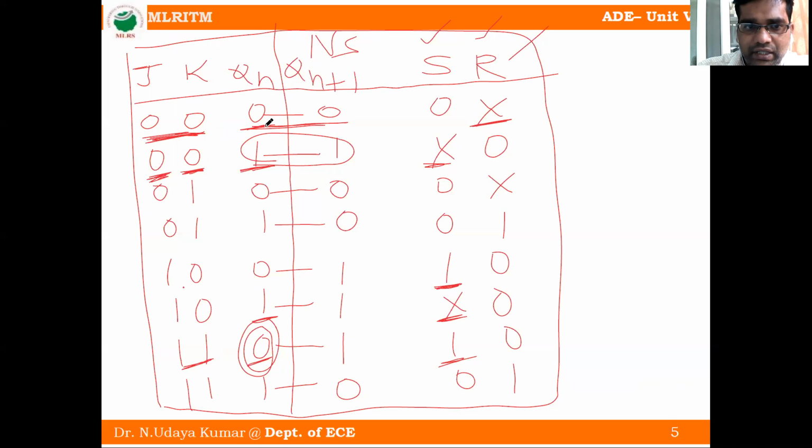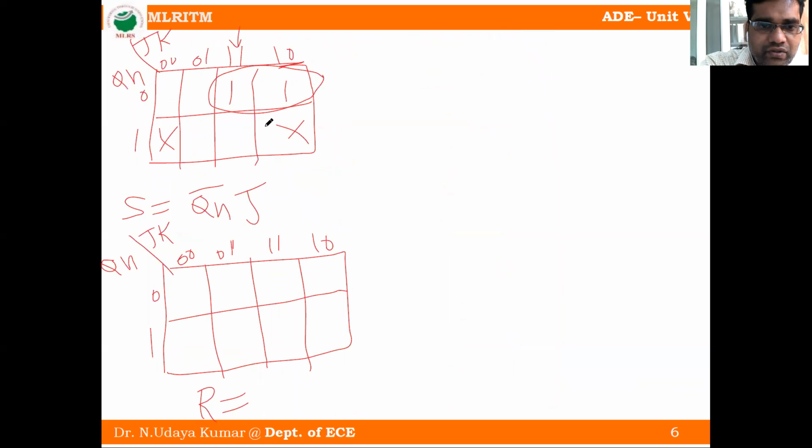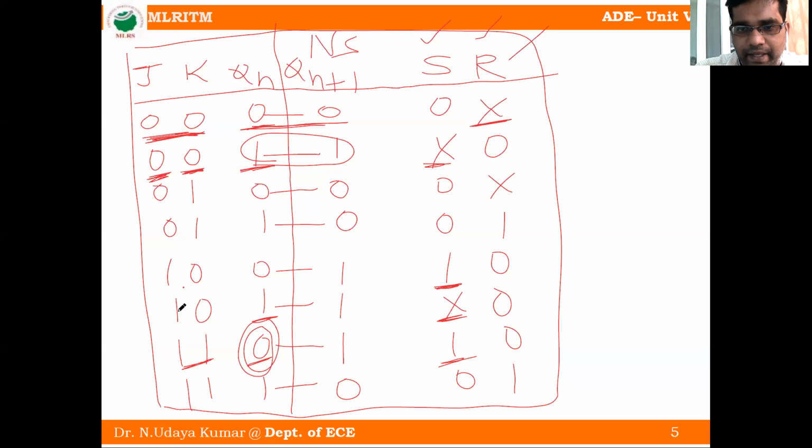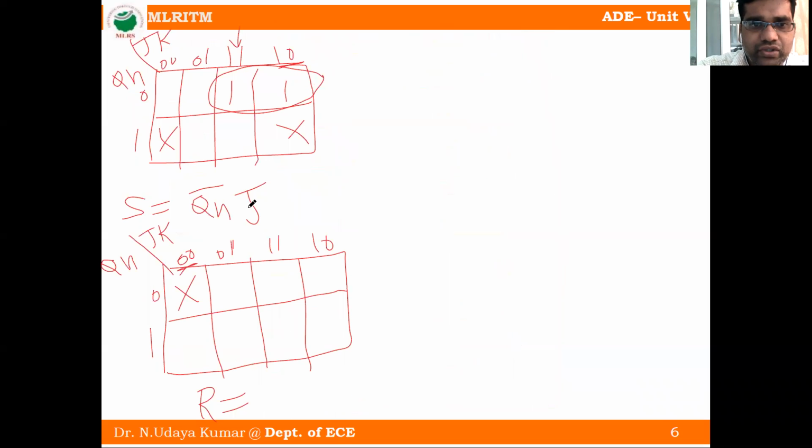Then another don't care: if JK is equal to 0 1 and Qn is equal to 0, this is the second column, and Qn is equal to 0 means this is the don't care.